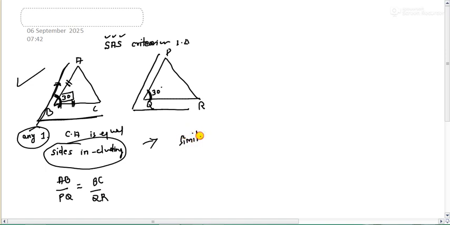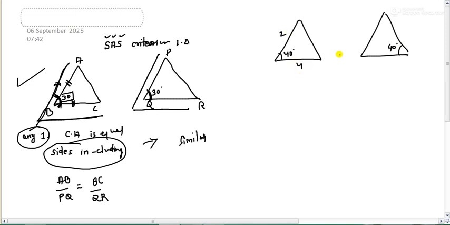Not congruent. For example, see here, if they give you something like this, this is 40 degrees and here it is 40 degrees, this is 2 4, and here it's 2 4. Now this is ABC and this is PQR. Can you tell these two triangles are similar?